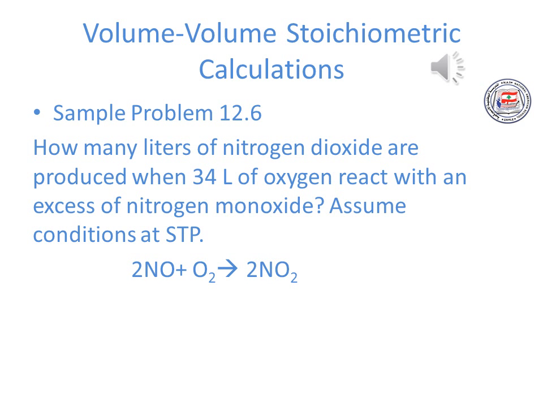NO2. Volume stoichiometric calculations. Sample problem 12.6. How many liters of nitrogen dioxide are produced when 34 liters of oxygen react with an excess of nitrogen monoxide? Assume conditions are at STP.